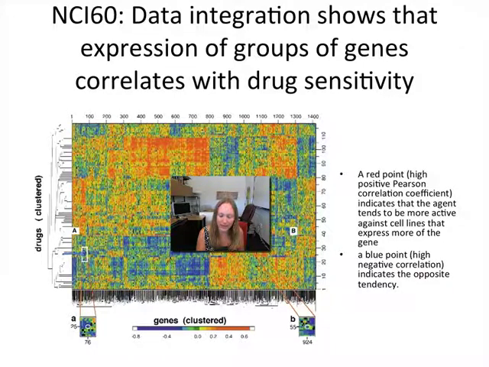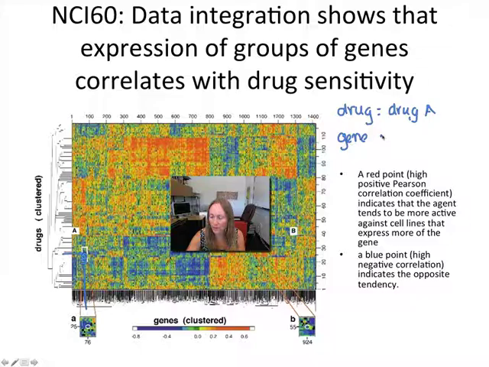I think the blue is easier to understand. So I'm going to describe a situation that would allow this point to arise. What this is saying is that this kind of drug is less active in cell lines that express a lot of this gene. So you can imagine that the drug is something, let's call it drug A, and the gene is responsible for the metabolism of drug A, for breaking it down.